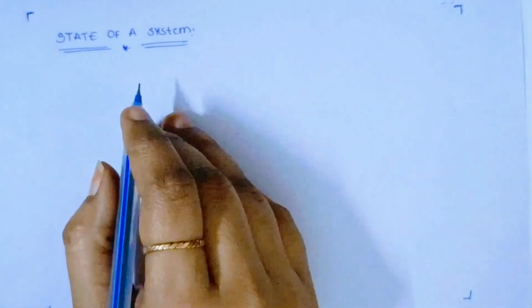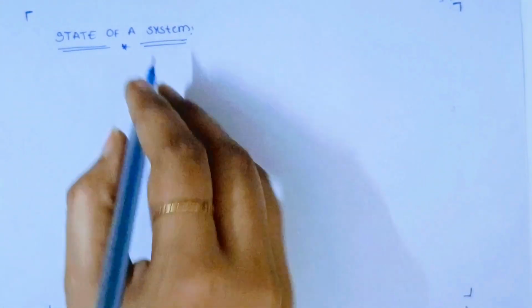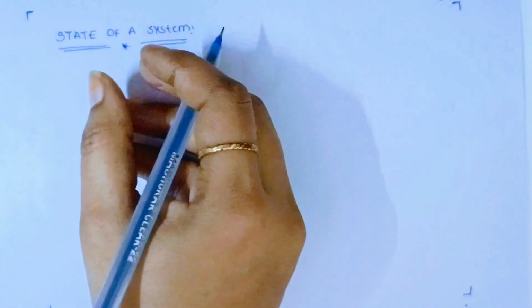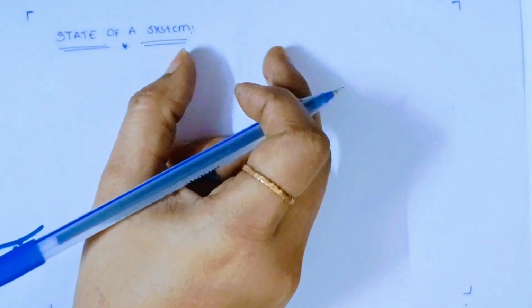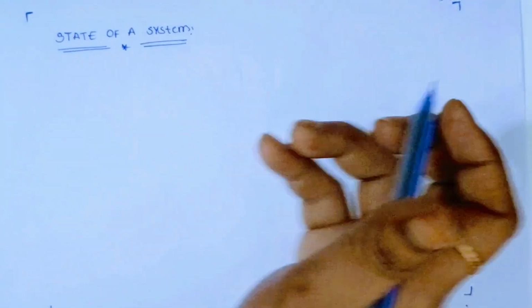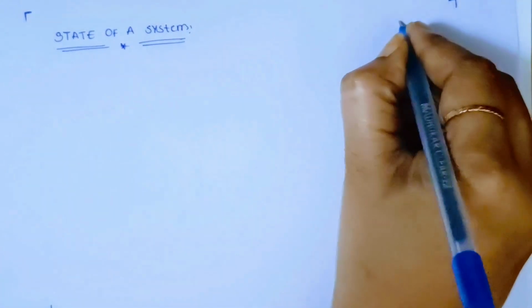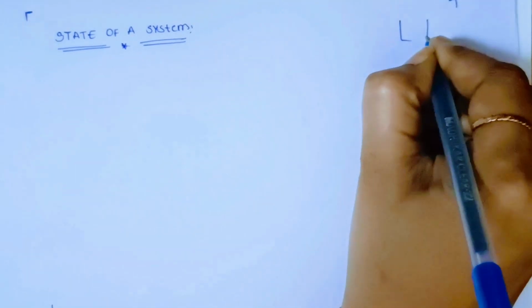Now we will see the state of a system. First we will learn what a state is. State represents the condition of the system. Previously I gave an example of making tea.